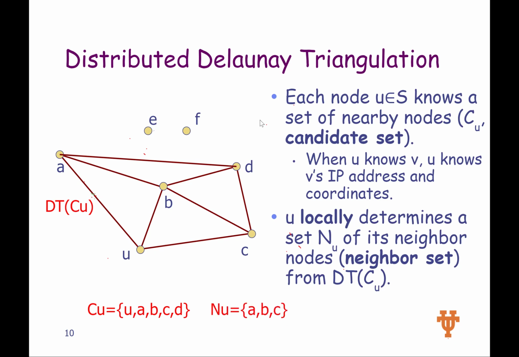So the correct neighbors are A, B, and C, right? For U, NU should be A, B, and C. And CU can be any set, but as long as CU is a superset of NU, then the calculation will be correct.